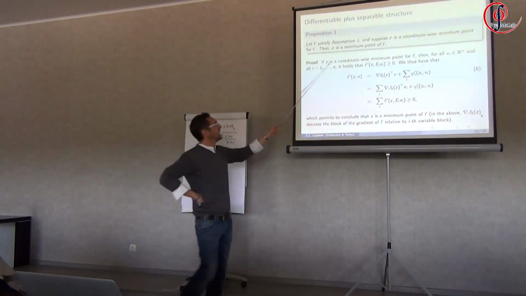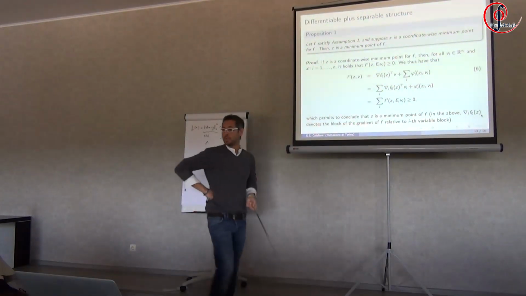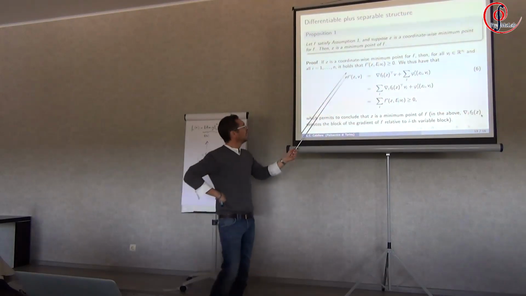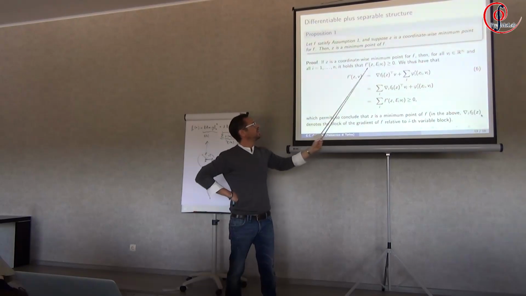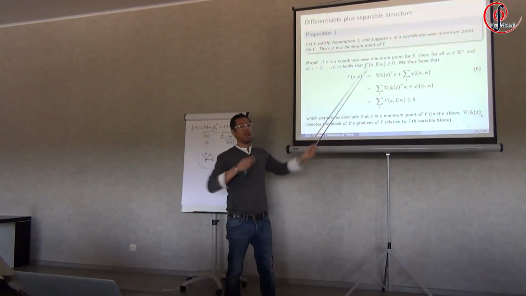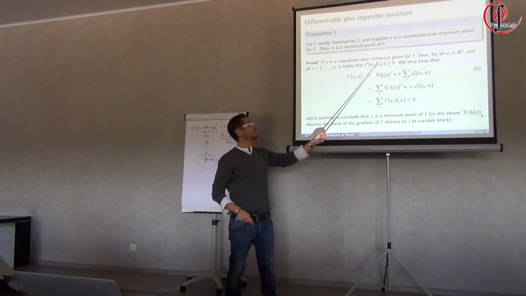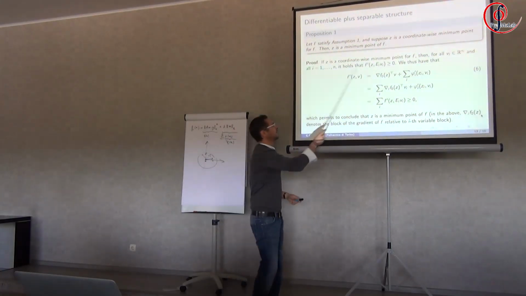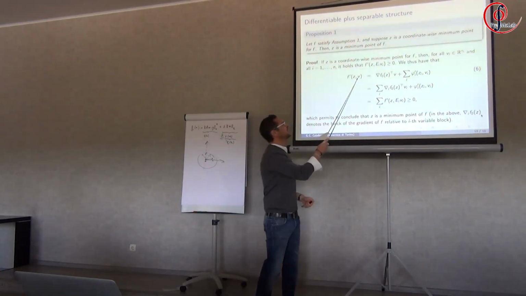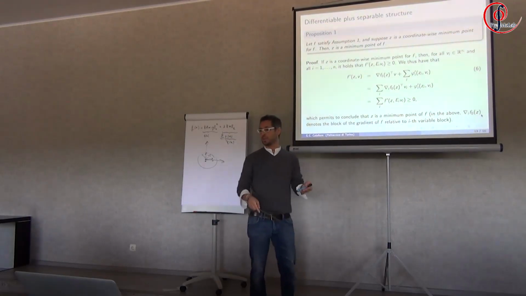Suppose that z is a coordinate-wise minimum point. Then by the previous definition, the directional derivative along the coordinate axis, which is this, is always non-negative. Let's look at the directional derivative along any direction now.